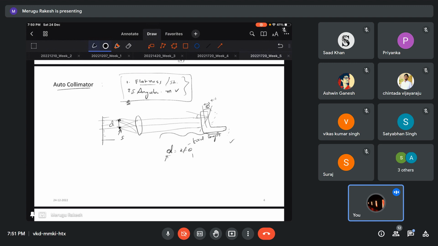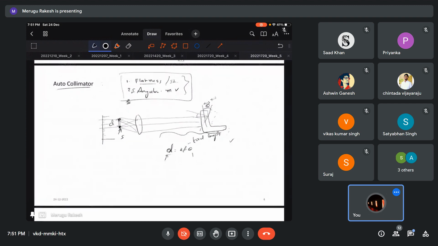If you look up an autocollimator, you will find there is actually a very complex thing involved, but this is the simple way you can remember. For measuring this distance, I will have an eyepiece somewhere around. If you see that principle, it is easier.